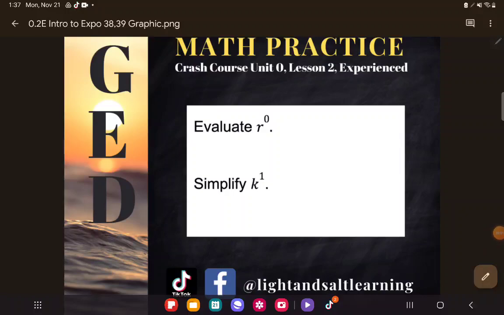Hey GED students, once again, I want you to take what we learned about exponents and apply it so that you don't panic when you see a letter.